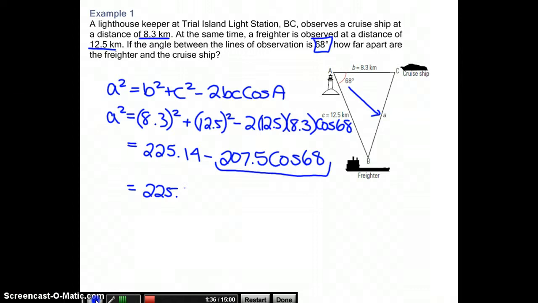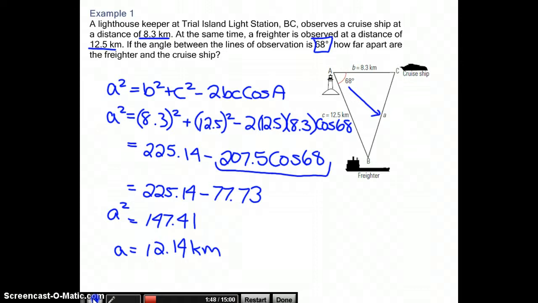So we get 225.14 minus 207.5 cos 68, so this is 77.73. We subtract the two, so we get a squared. So a squared is 147.41. Square root both sides of this to get our final answer of a equals 12.14 kilometers.